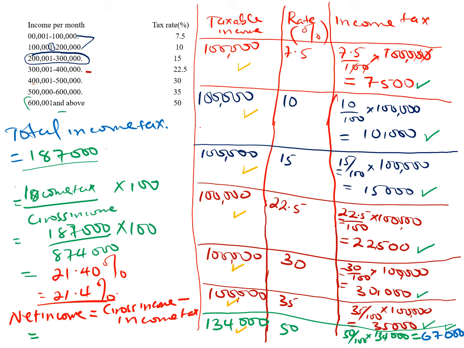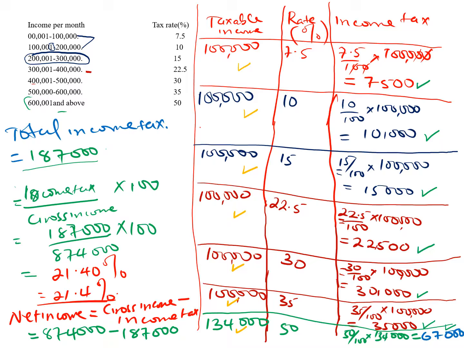But the allowances still come, so we shall get our gross income, which is 874,000 minus 187,000. And then here we get our answer.